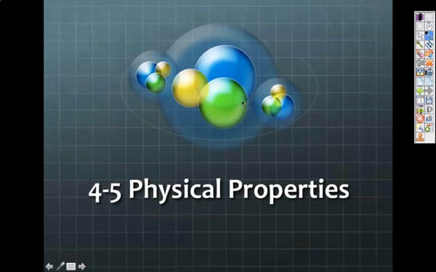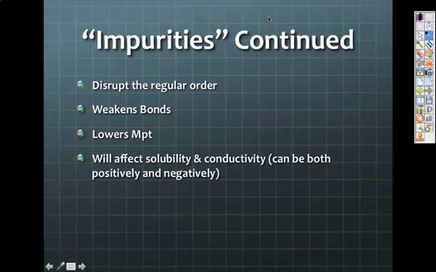Okay, some physical properties. Going back a little bit to the impurities. An impurity is anything that disrupts the regular order. And this could be with metallic, quote-unquote, bonds, or it could be with any other sort of thing that we have.